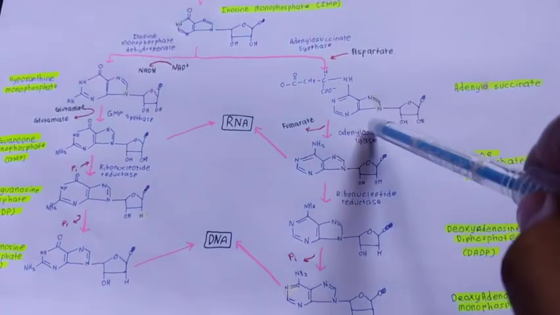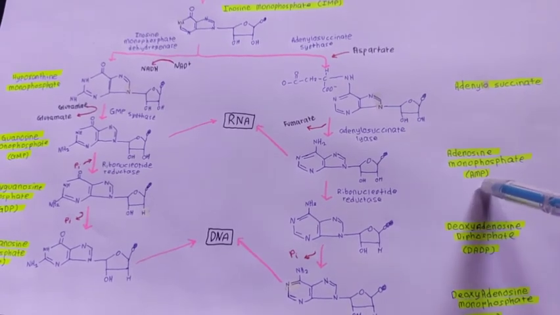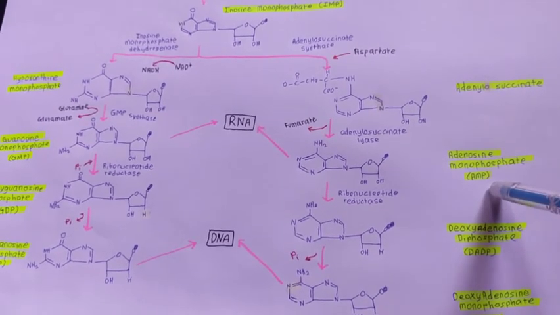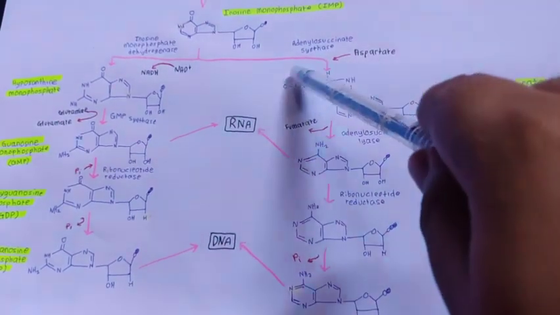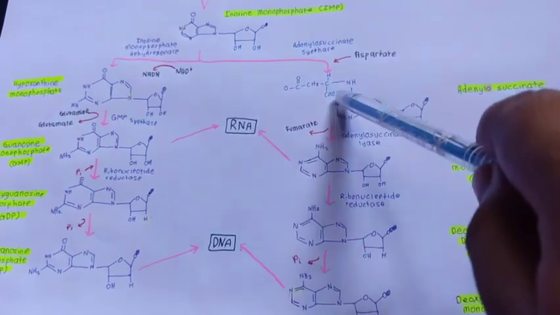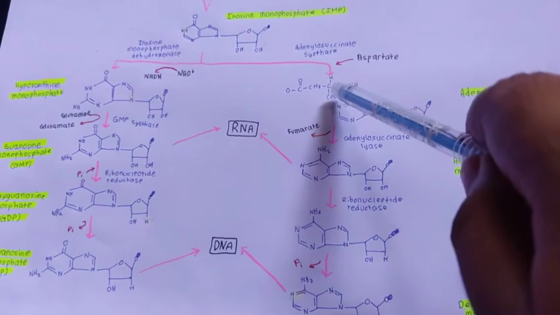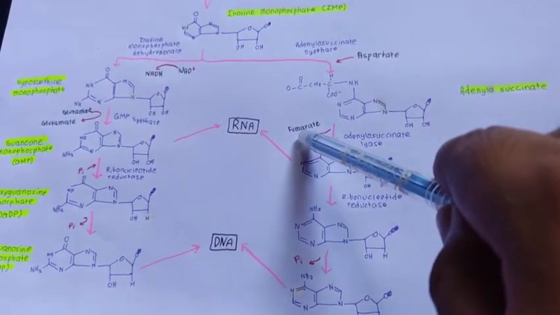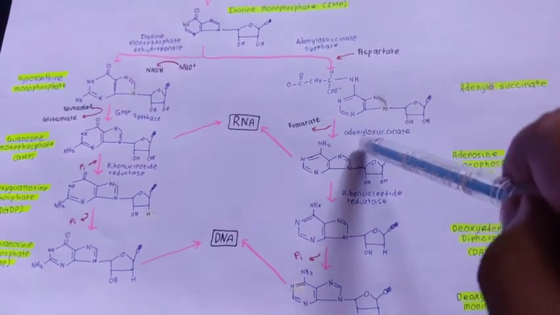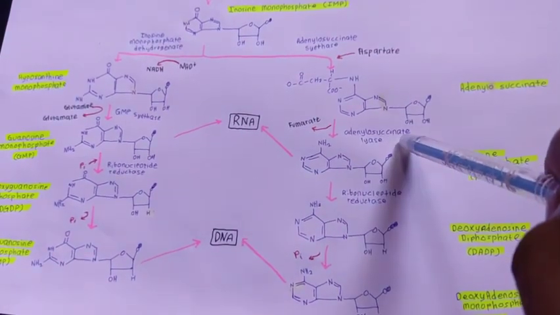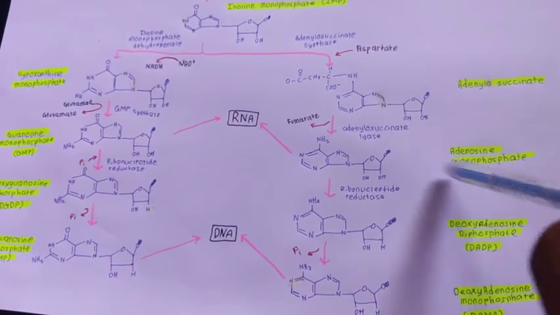Then we need to convert adenylosuccinate into adenosine monophosphate. We need to cut off this part in the form of fumarate. When we cut off this part, we use the enzyme adenylosuccinate lyase and convert this adenylosuccinate into adenosine monophosphate.